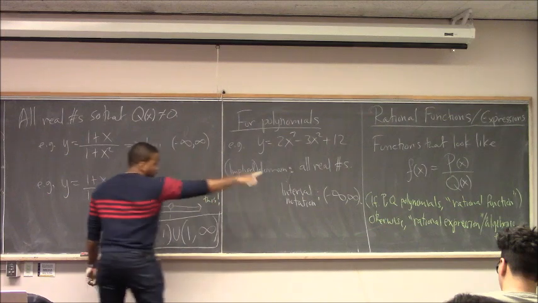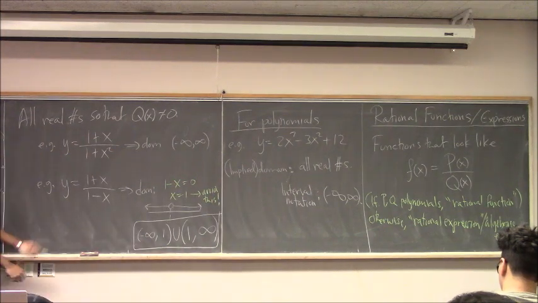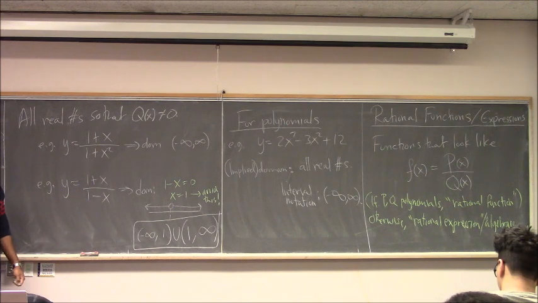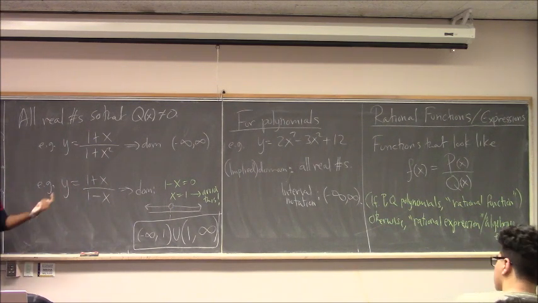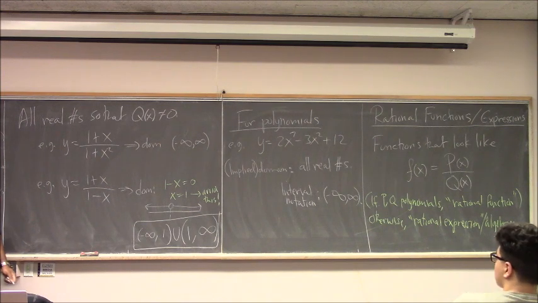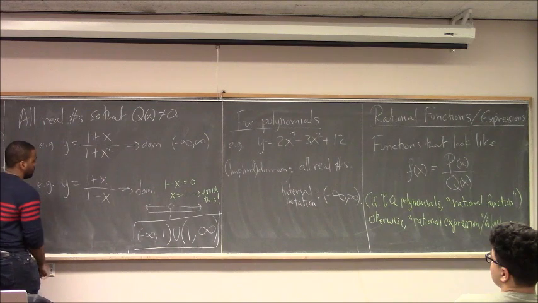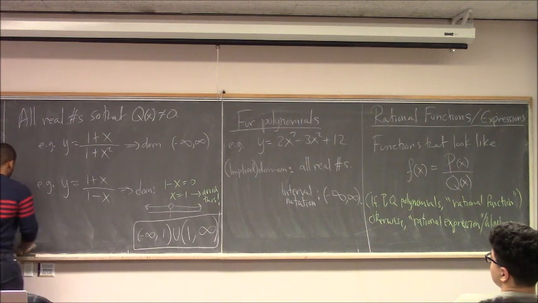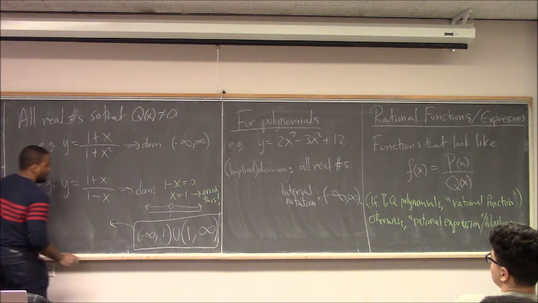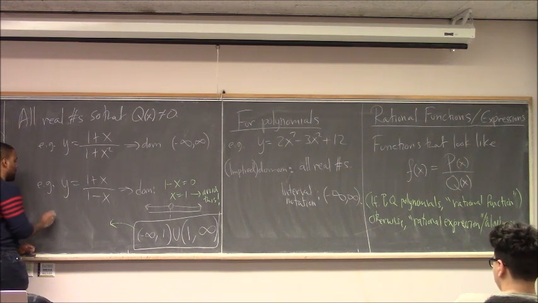So if you have a rational expression, figure out where the denominator is 0 and avoid all of those points. Polynomials will work anywhere. Rational expressions though, you need to make sure you're not dividing by 0. And this is something I'll explain a little bit later.